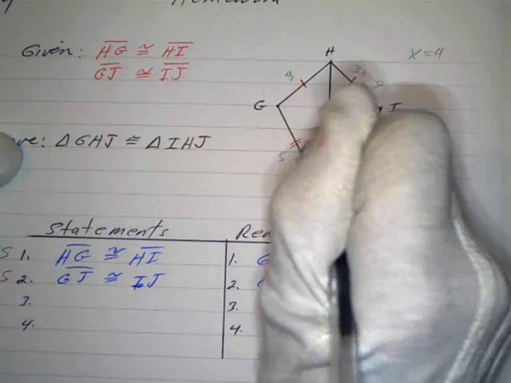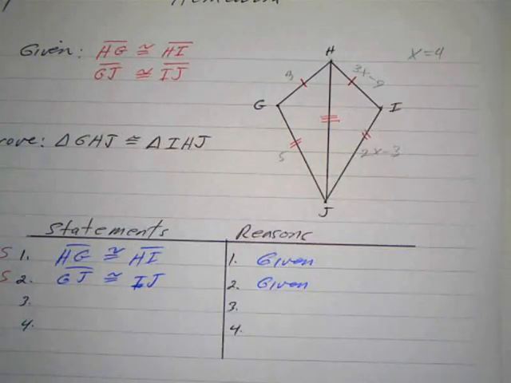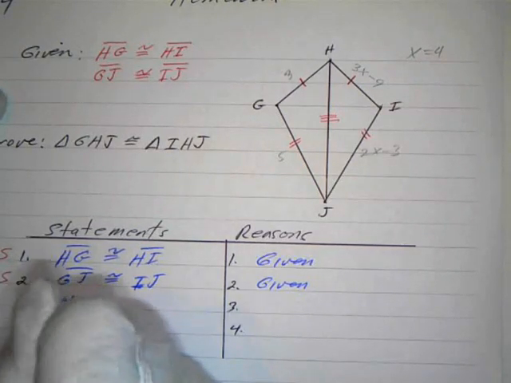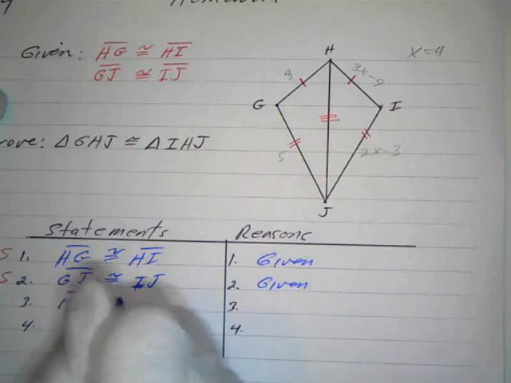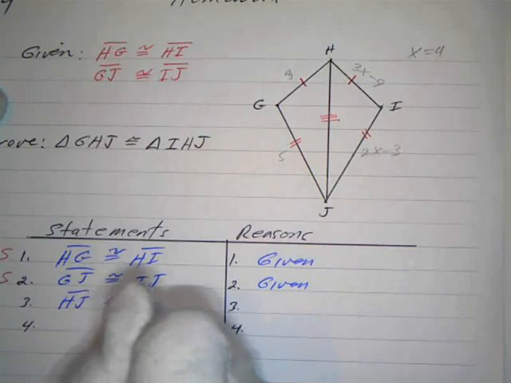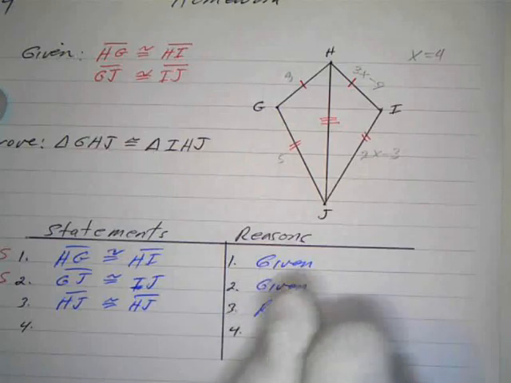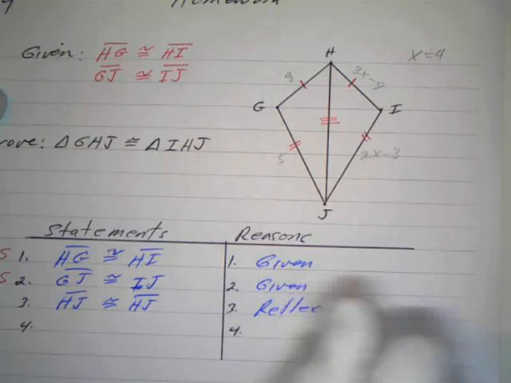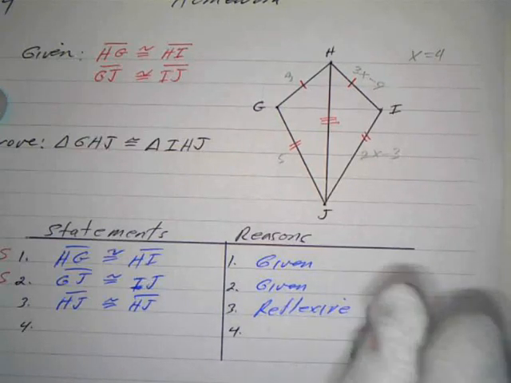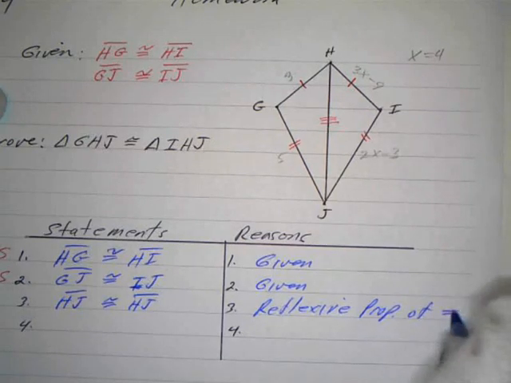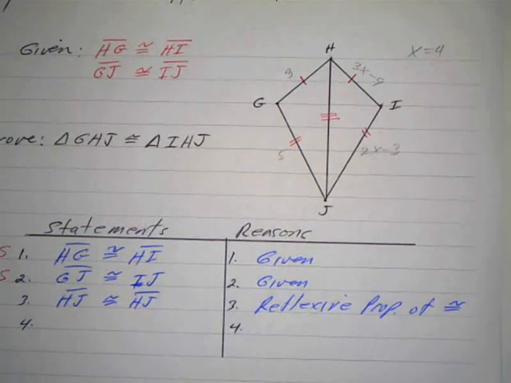That's one we use a lot. We could put 3 little marks there, and we would say that HJ is congruent to HJ by the reflexive property of congruence. You could abbreviate that a little bit more if you wanted.